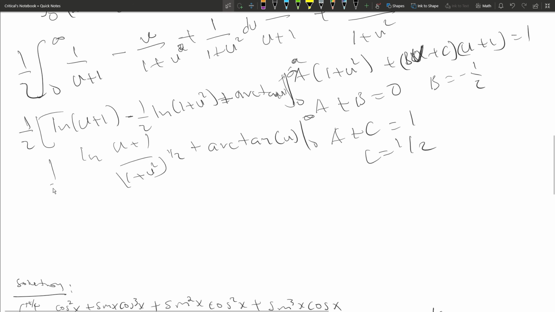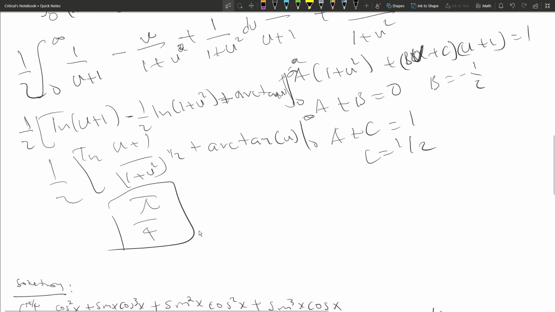If we plug in 0, the arctan goes to 0, and this is just 1 over 1, which ln of 1 is 0, so the lower limit gives us 0. And the upper limit, this is just going to be 1 as u goes to infinity, and then arctan is going to be pi over 2, I believe. So pi over 2 times 1/2, that's pi over 4.